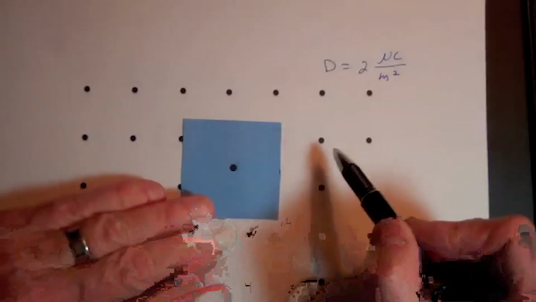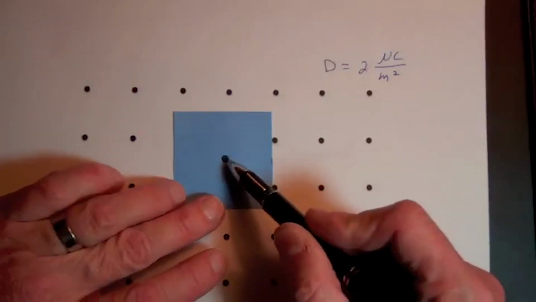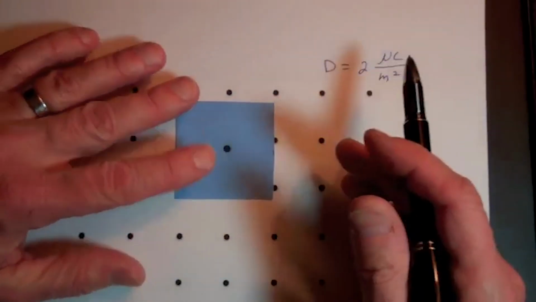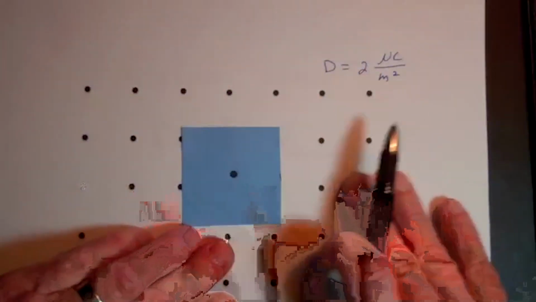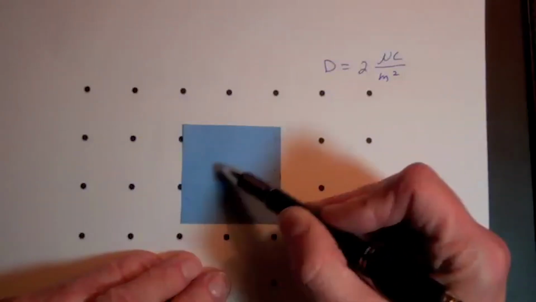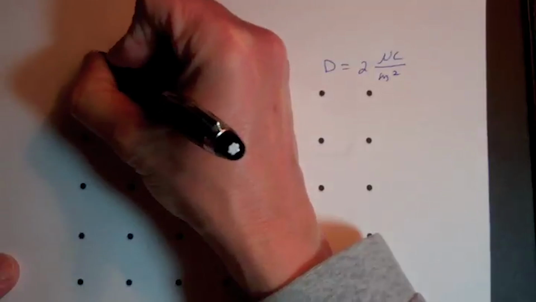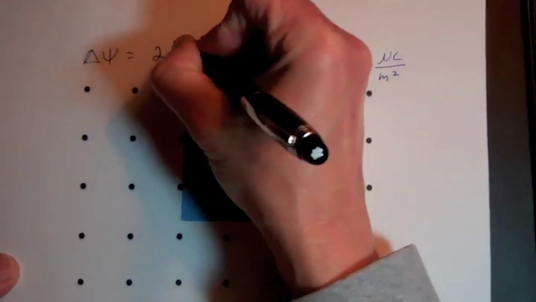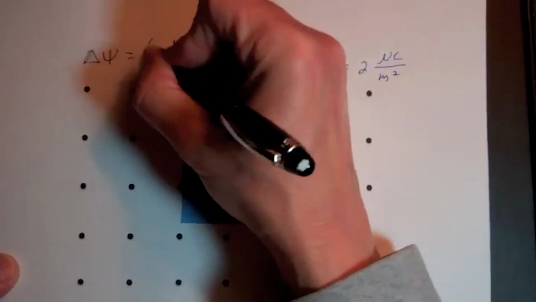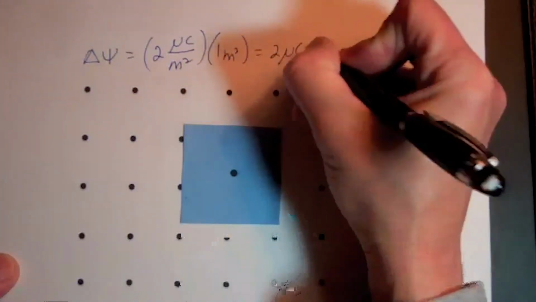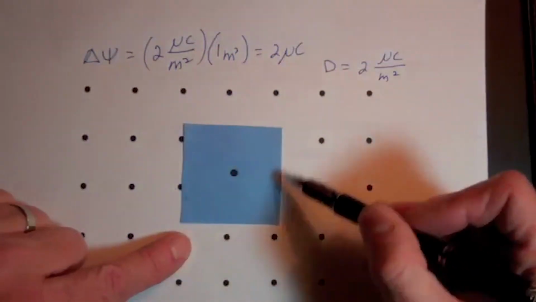When this unit normal is in the same direction, in other words, the angle between this unit normal and our electric flux density field is 0, then this surface lies in the plane of our page, and the amount of these dots going through this surface gives us the amount of electric flux going through the surface, which is just the electric flux density field of 2 microcoulombs per square meter times the surface area of 1 square meter, or 2 microcoulombs of electric flux coming through this 1 square meter.